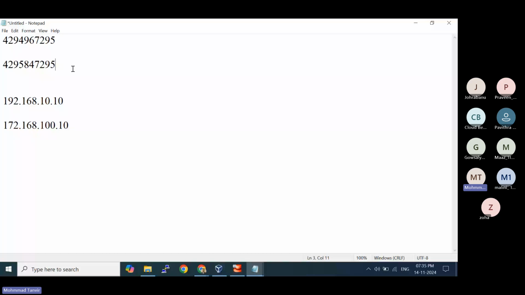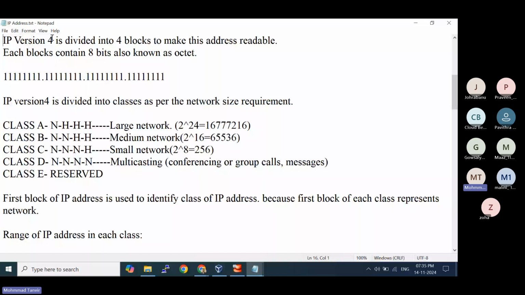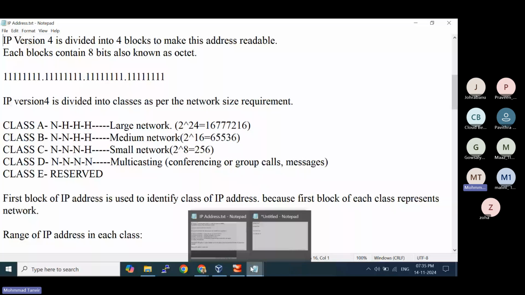So that is the reason I just wanted to explain the concept. That is the reason IP version 4 is divided into 4 blocks to make this address readable. If they would not have divided it into blocks, then we would have this type of IP address. So this is the reason.